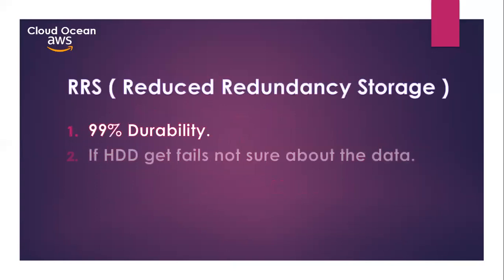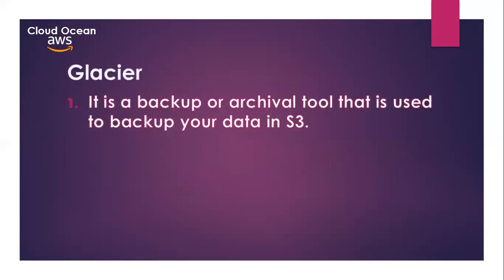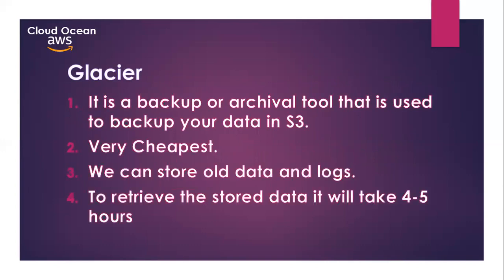The third one is RRS, reduced redundancy storage. It gives 99% durability and it is very low price. But the disadvantage is if the hard disk fails, we can't be sure about the data. Then the fourth one is Glacier.